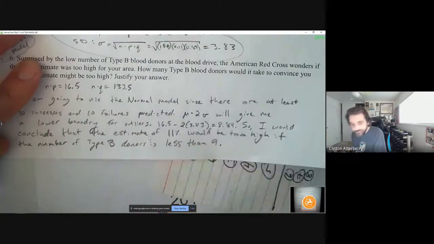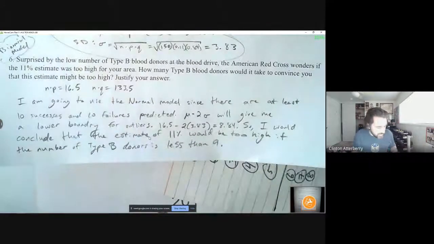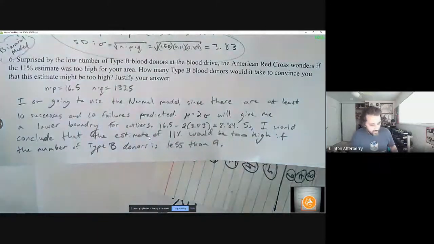Anything kind of along those lines would make sense, but that's what you're doing for a problem like this. This is how you justify your answer. This is how you go through this process.